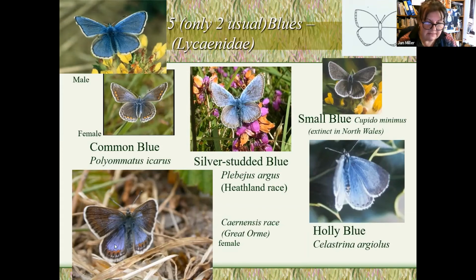And the caernensis race of the silver-studded blue has blue females, whereas the silver-studded blue that lives on the heath has all brown females. And the Great Orme silver-studded blues are out right now.